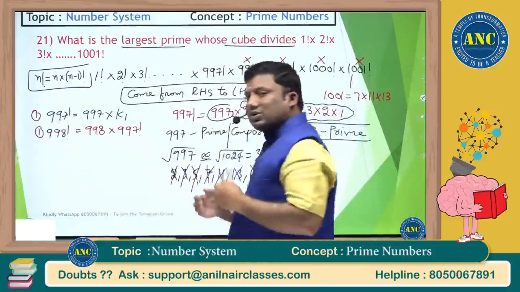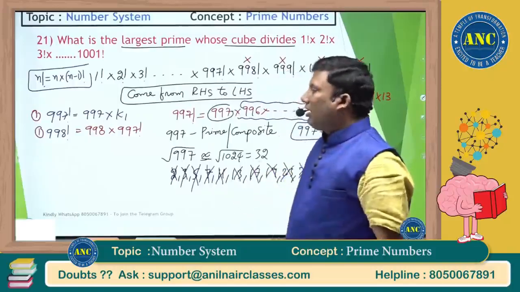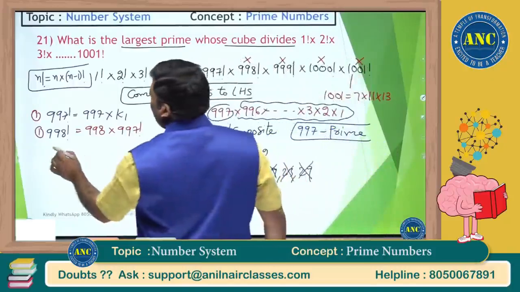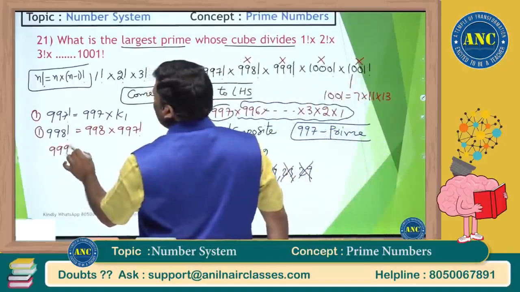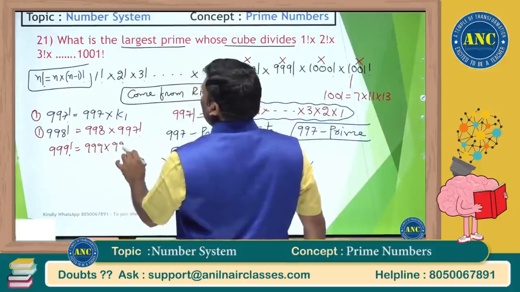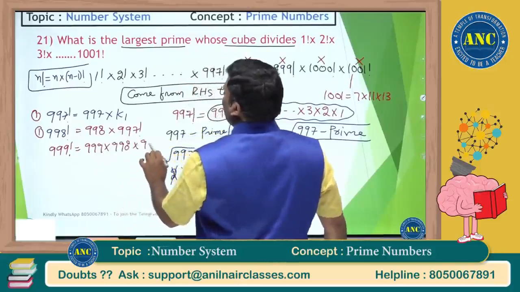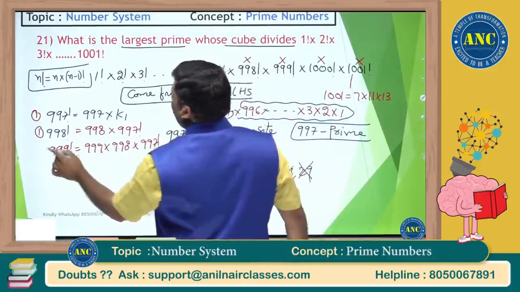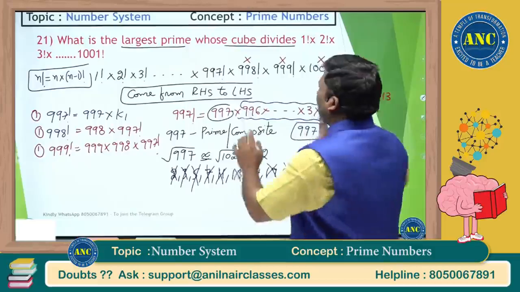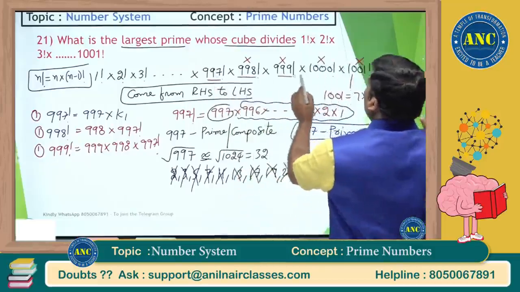998 factorial is 998 into 997 factorial. One more power of 997. If it is 999 factorial, 999 into 998 into 997 factorial. Again one more power of 997. Are you with me? That means here 1, 1, 1, 1.